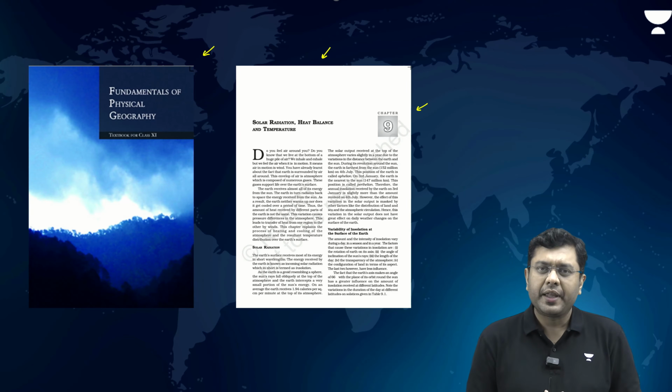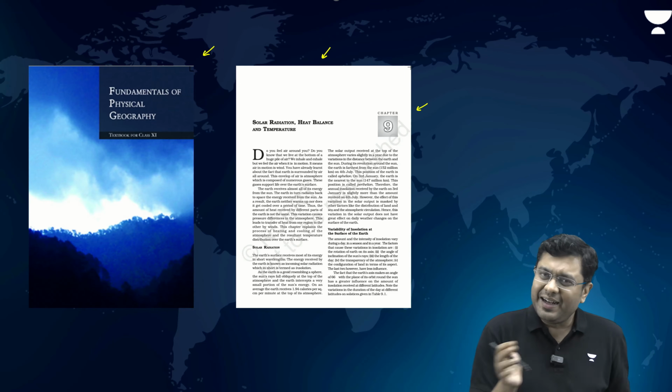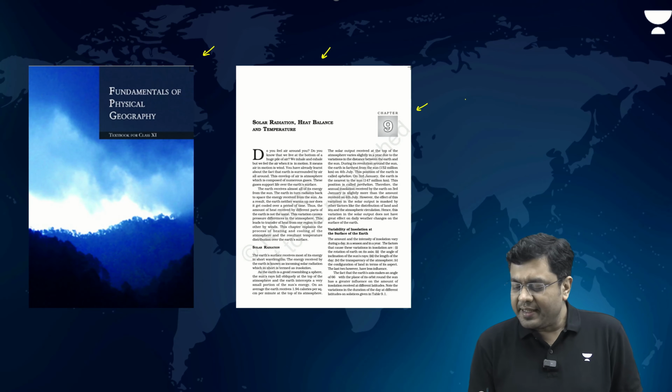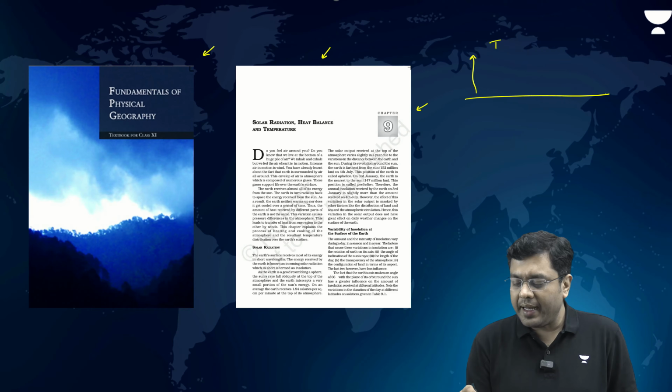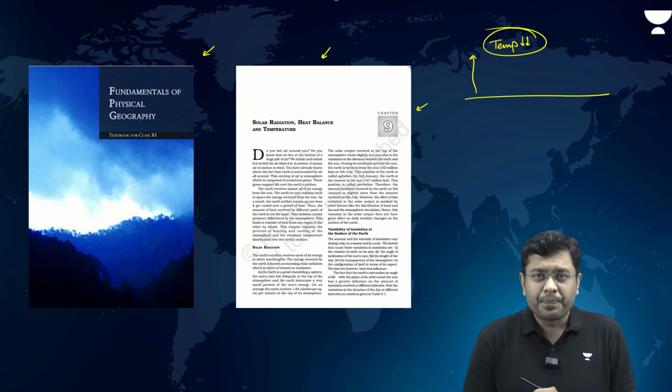But before that, the temperature of air or atmosphere indicates a certain pattern. Generally, as you move up from the ground surface, there is a decline in temperature. The temperature reduces. Now, why is that the case?